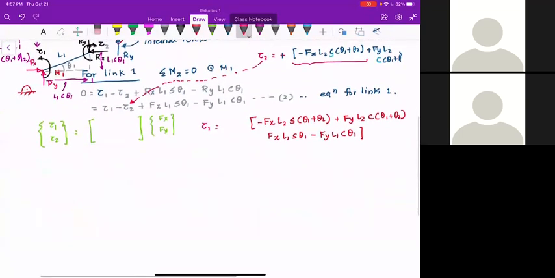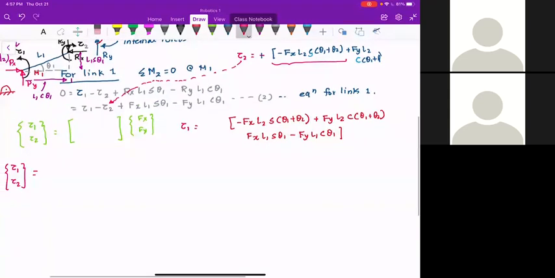I should be able to write this equation something like this: tau 1, tau 2 is equal to, and this is going to be a long expression, so you have to bear with me and make sure that I do not make mistakes.